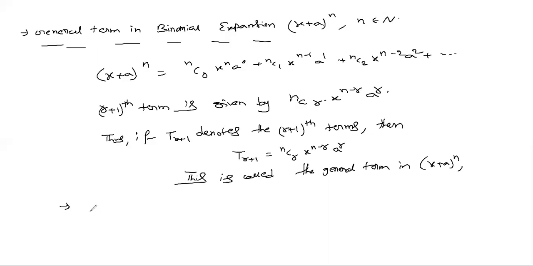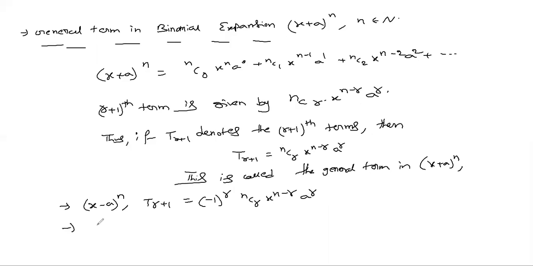Then what will be the general term for the binomial expansion (x - a)^n? The general term will be (-1)^r nCr x^(n-r) a^r.